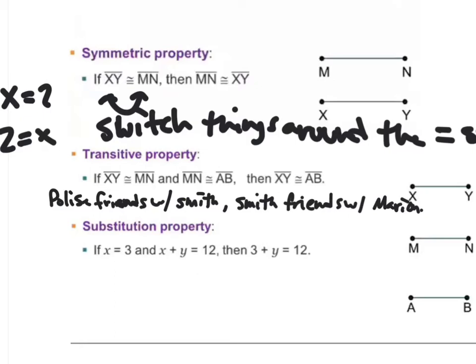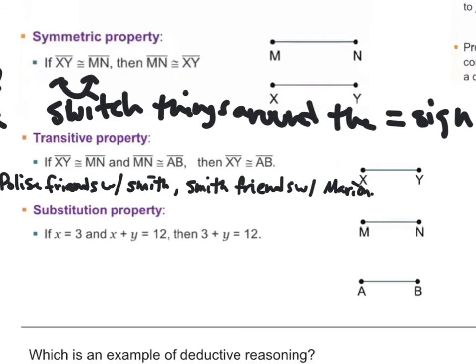Okay? So what that says is that, you know, here if you've got, say something like this, okay? And here's that thing where it says xy is congruent to mn. So if xy is 3, what do we know about mn? If this length is 3, what's this length? 3. Because they're congruent. Okay?